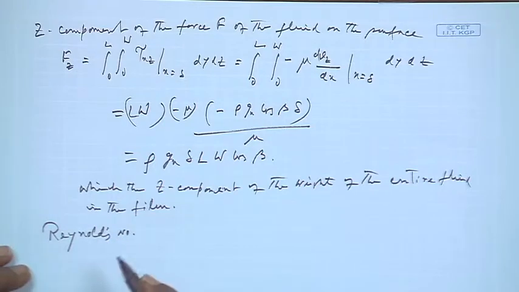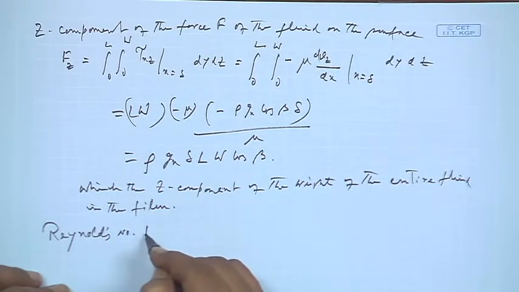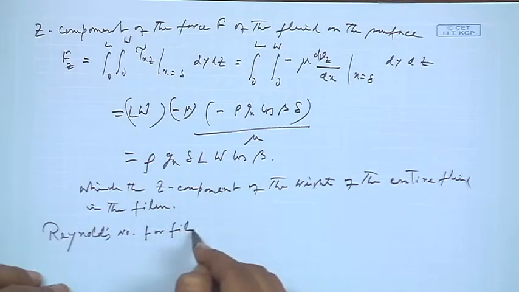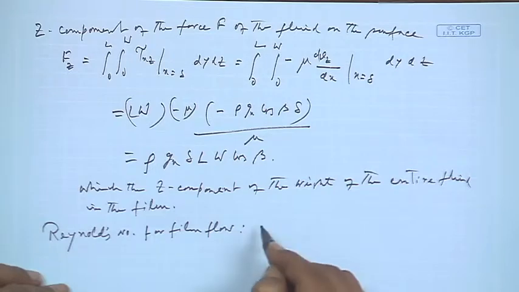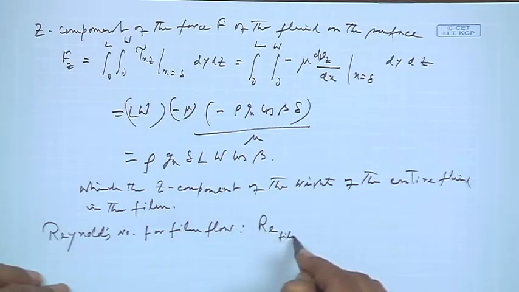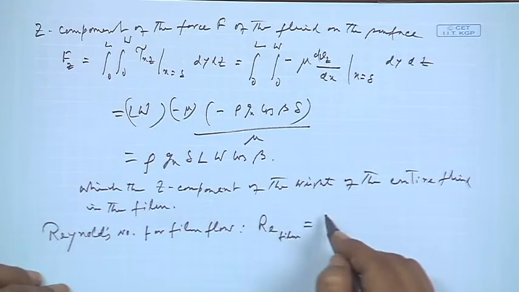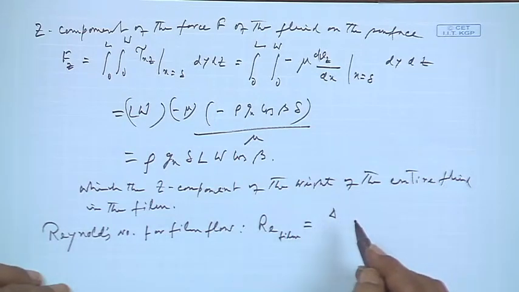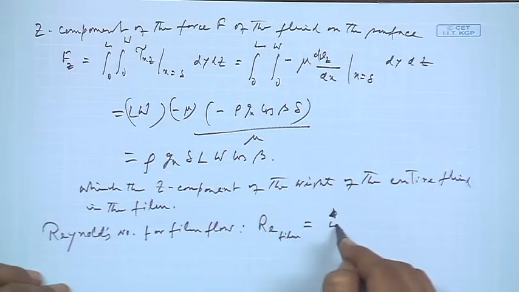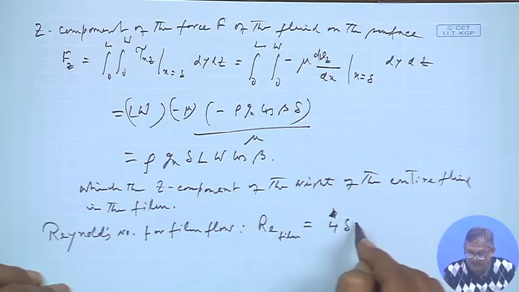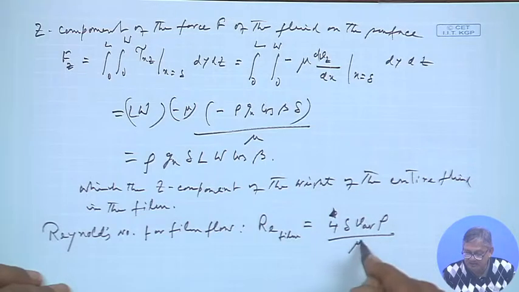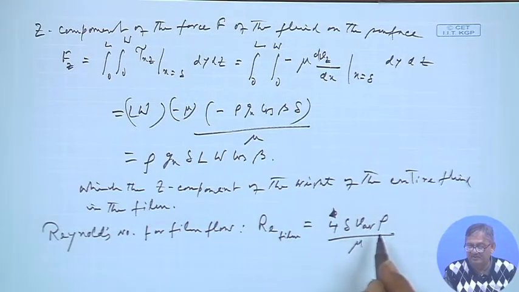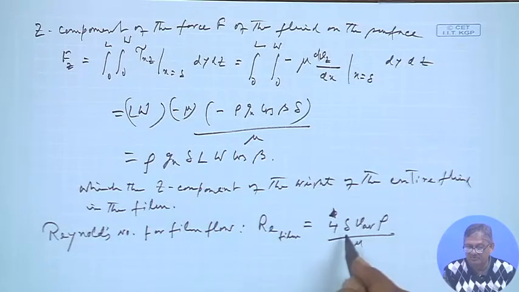So Reynolds number for the film flow, we can write Re film equals 4 del V average rho by mu, right?